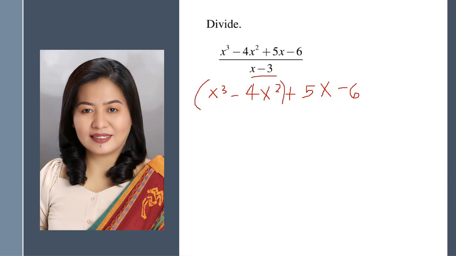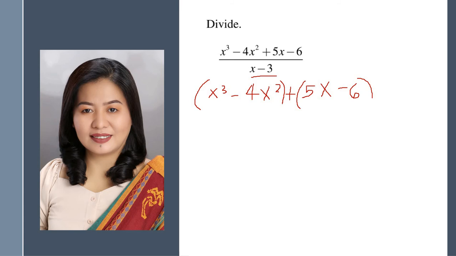So I will be grouping it this way. If I group it that way, then I will have to factor x squared out, so I will have x minus 4. But I cannot in any way create an x minus 3 answer.